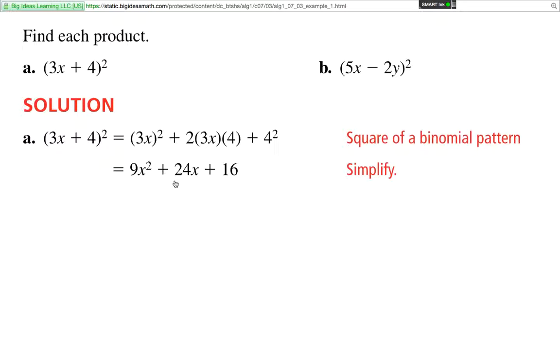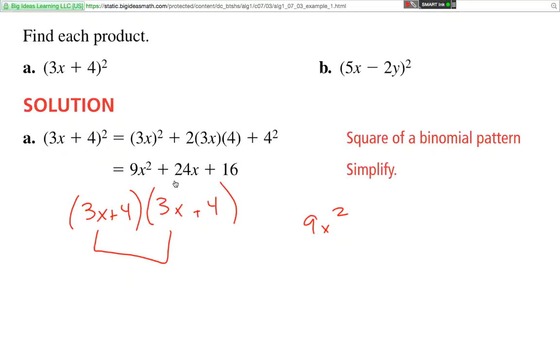If you want to see it the old way to show you that it does work, it just makes it a little faster, we can write it out. (3x + 4) times (3x + 4). Like I said, you're still free to do it this way. It just makes it a lot faster if you know that this is a special case. 3x times 3x is still 9x squared. That's the first. Now let's do the outers: 3x times 4 gives you 12x, so plus 12x.